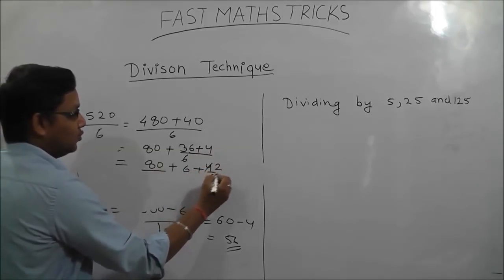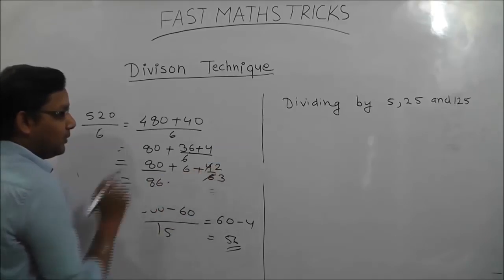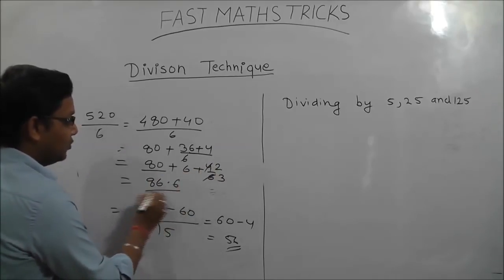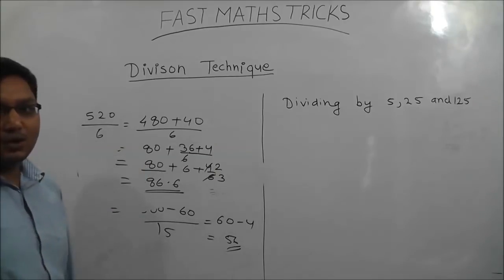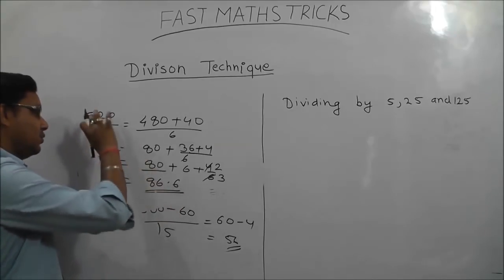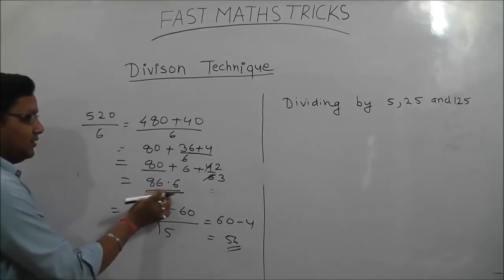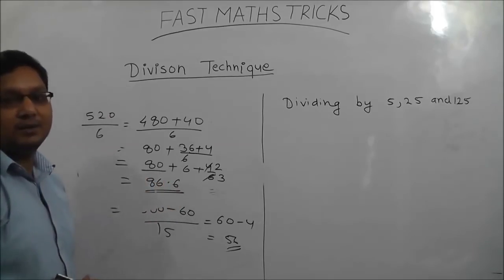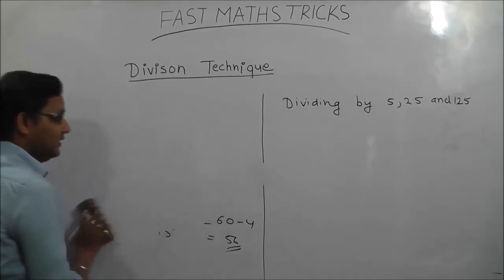Okay, that is 2 by 3. So you will get 86, and 2 by 3 is how much? 0.6. So we will get 86.6. So I am showing you when we get the answer in decimal also, in that division which is not perfect, you can use the split and merge technique. Okay, so this is the split and merge technique to divide any number.